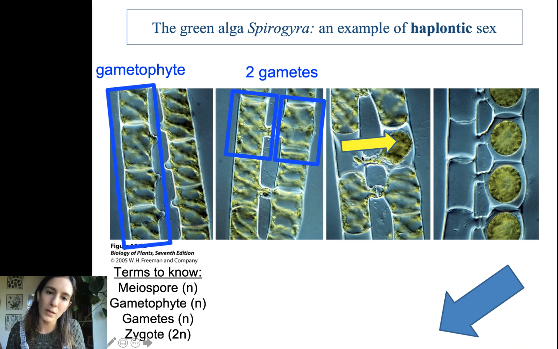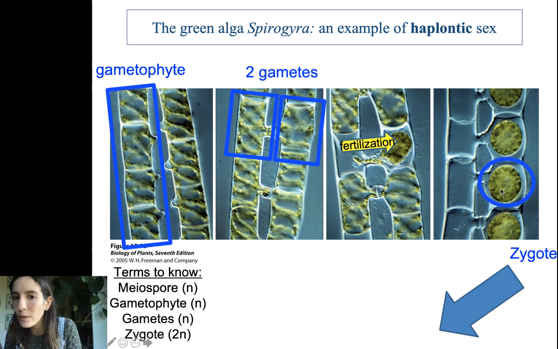This cell has turned into a gamete, and it is fusing with this gamete over here. In other words, we've got fertilization taking place right there in that conjugation tube. And that means only one thing. This must be the zygote. This is our first diploid cell after fertilization.